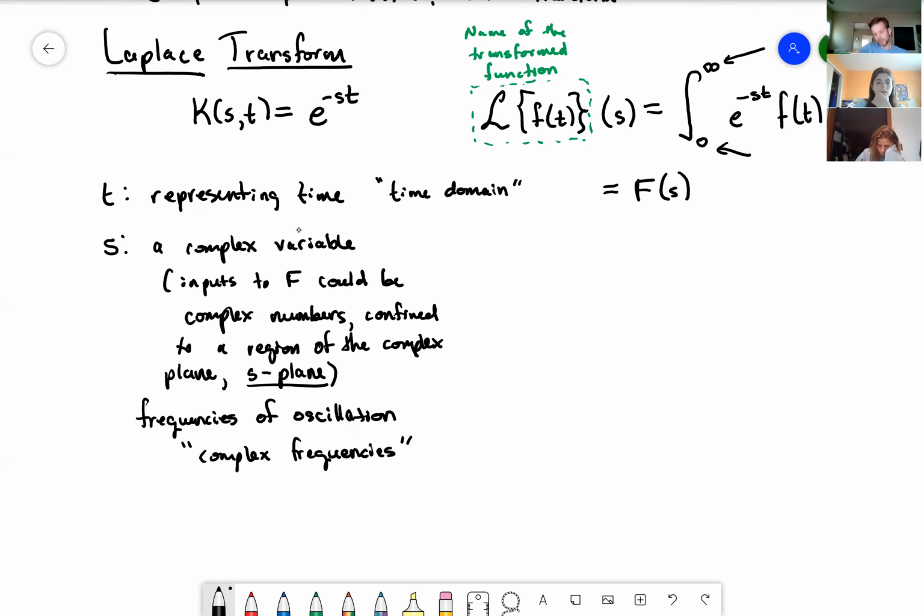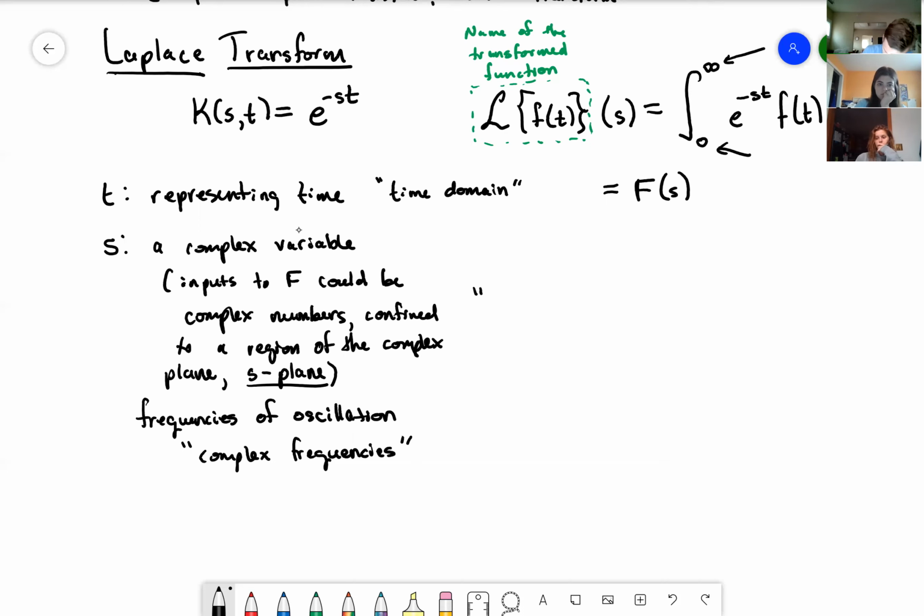What this transformation does is it transforms this function into something where instead of scanning around for a particular time and looking at how strong the function is at that particular time, we're scanning around at different frequencies of oscillation and looking at how strong the function is at that particular oscillation.